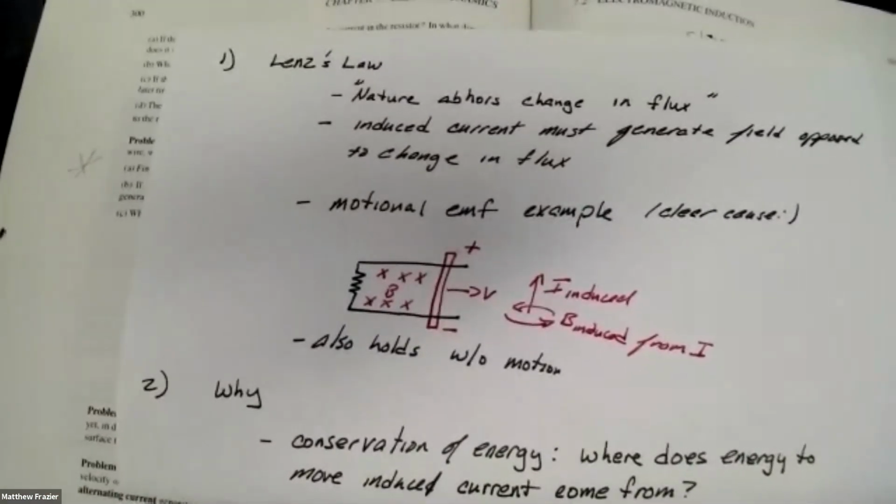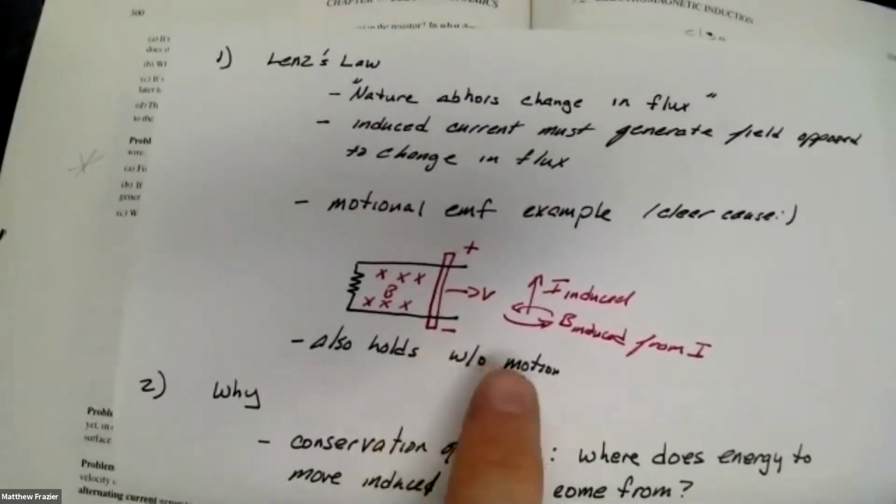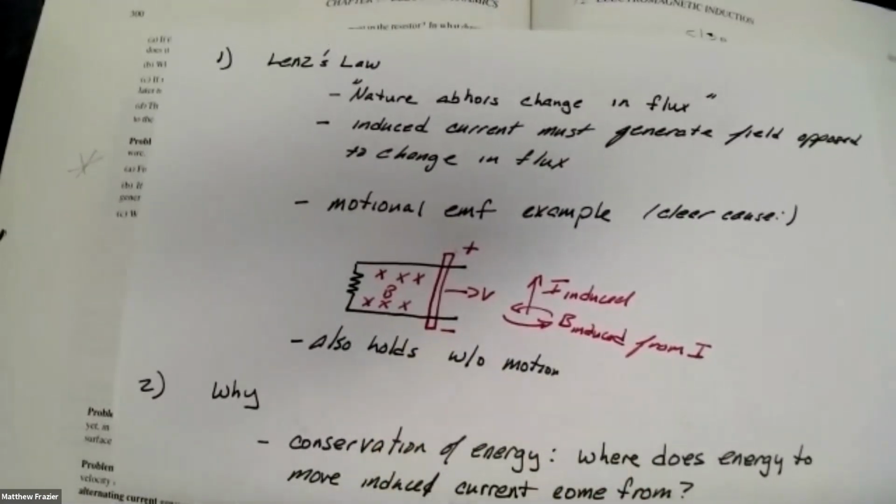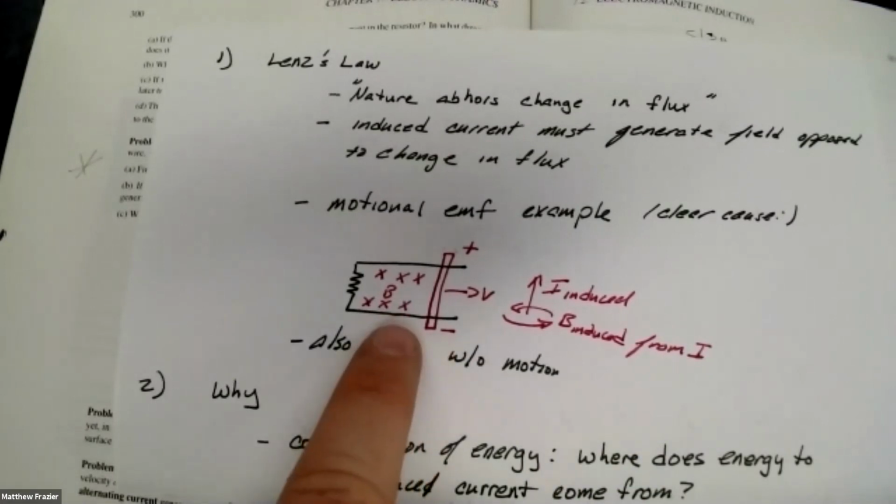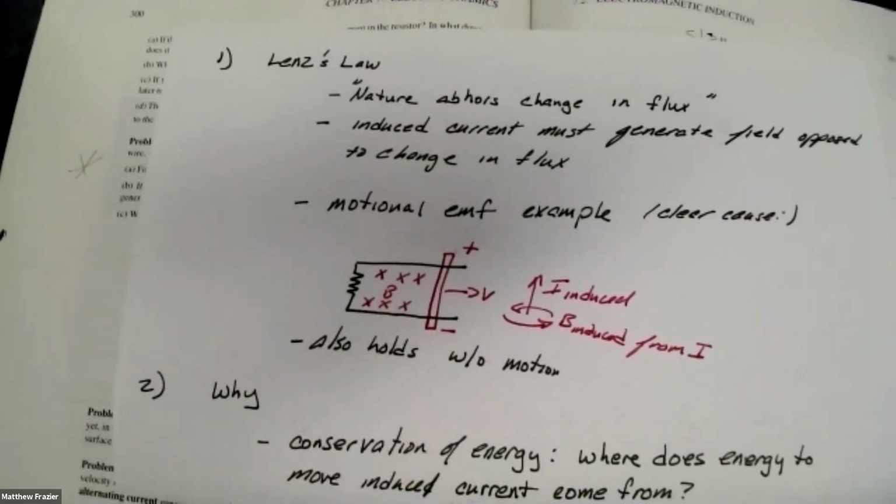So if you remember the motional EMF example, we had a bar that was moving with some velocity. That bar moving felt a force due to the magnetic field that was present.